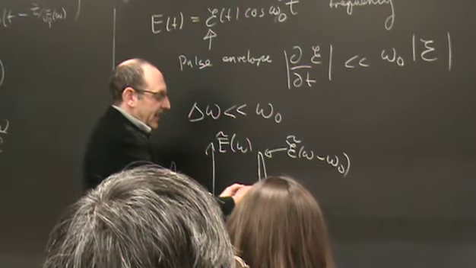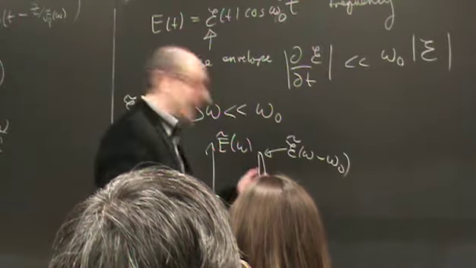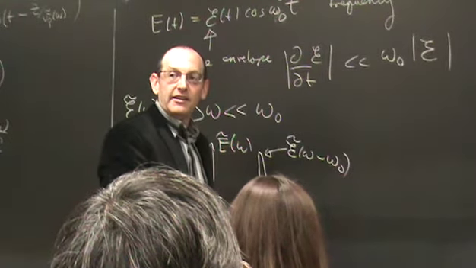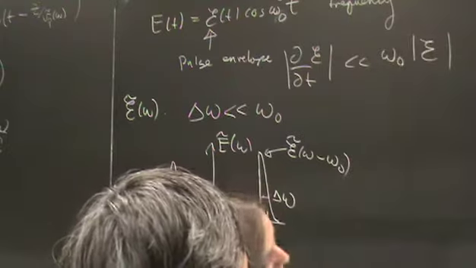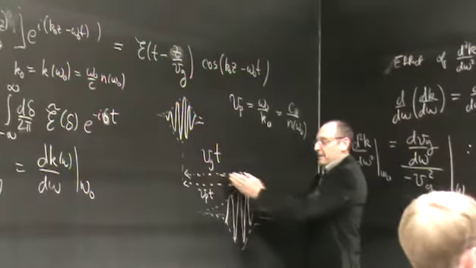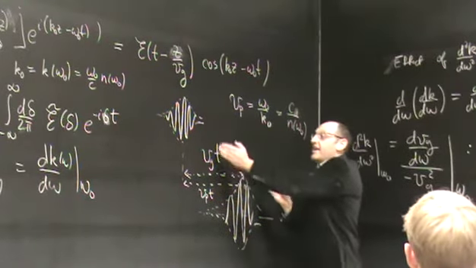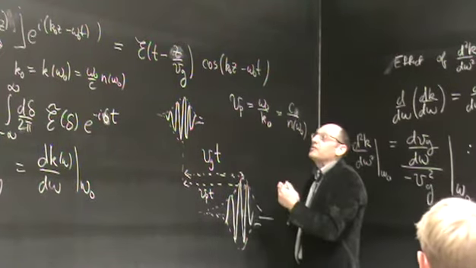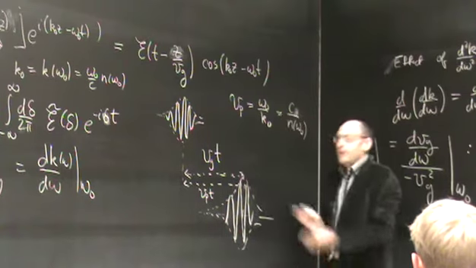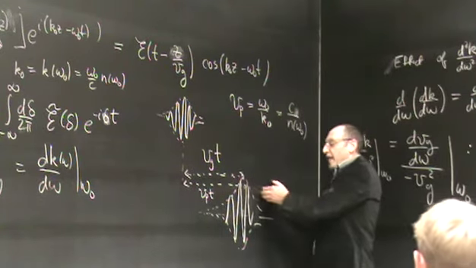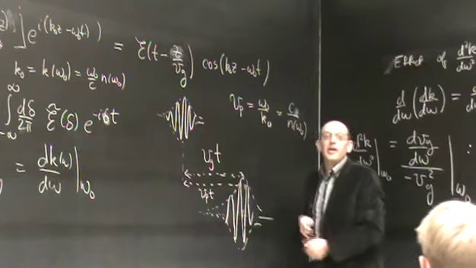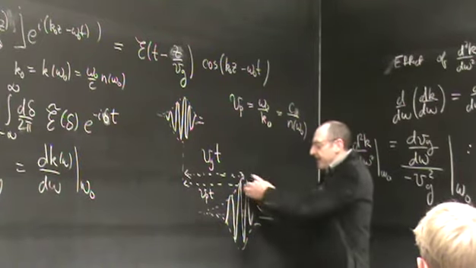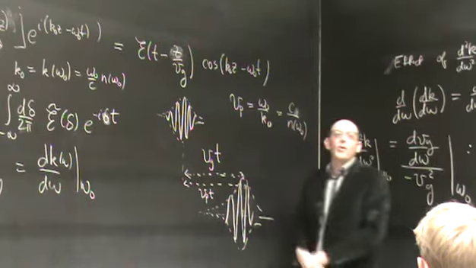Each little frequency band has its own group velocity, even within this narrow band. Which means the pulse will travel at slightly different speeds because the group velocity is not fixed at omega naught, but is spread over the range of frequencies contained within this pulse. Some of those colors will travel with a faster group velocity, some at a slower group velocity, and the effect is to cause a spreading of the wave packet.